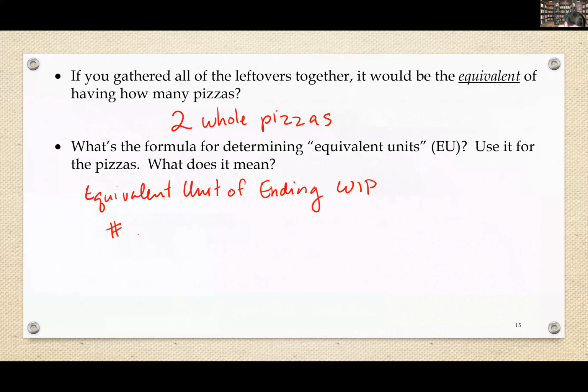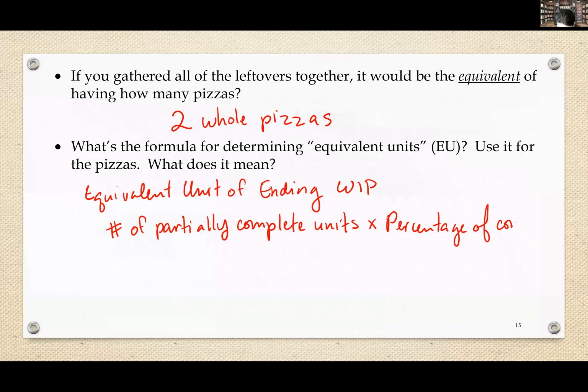It would be the number of partially complete units times the percentage of completion. Okay, so in this case, if we're going to use it for pizza, we had 3 partially complete pizzas. And there were a third complete, right? There were a third there, which would give us the equivalent unit of 1 whole pizza.